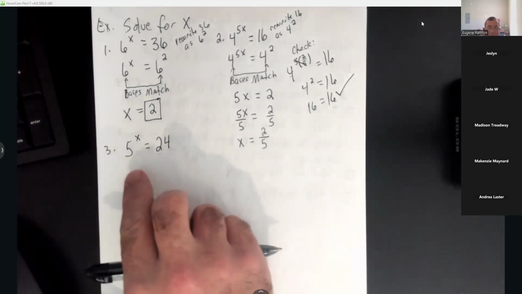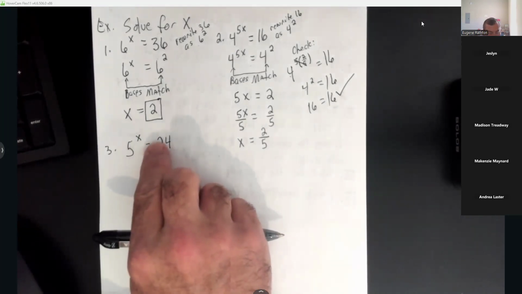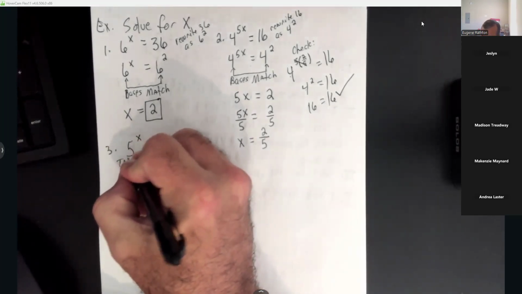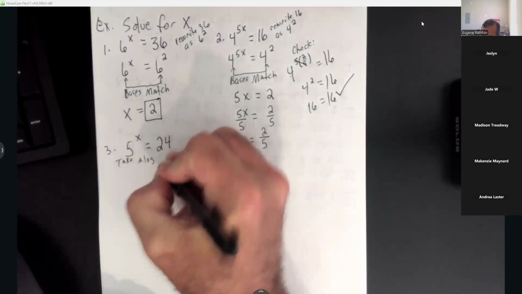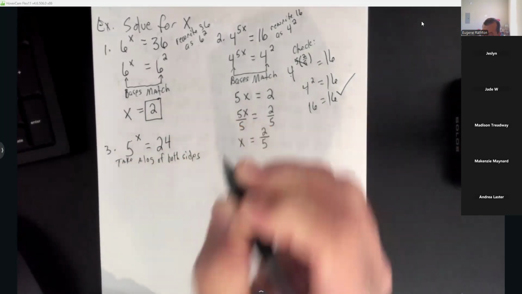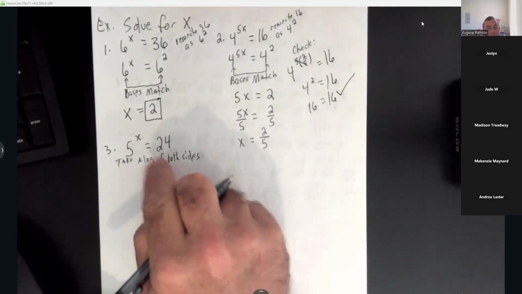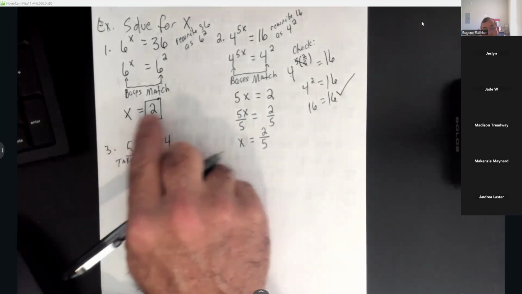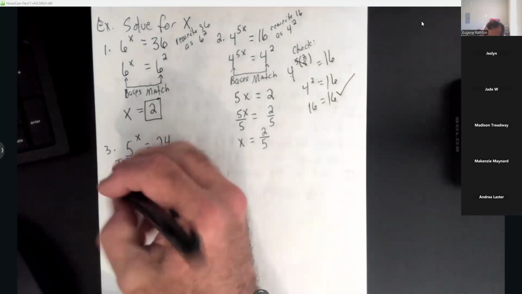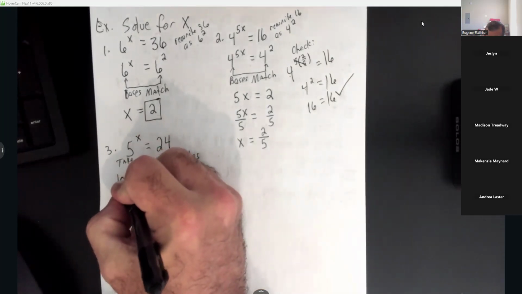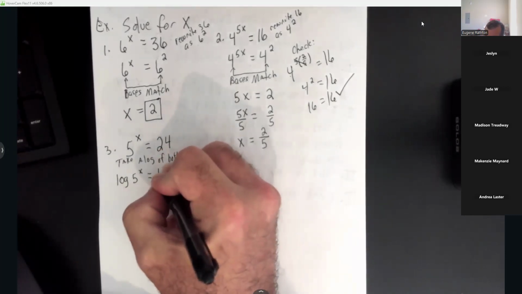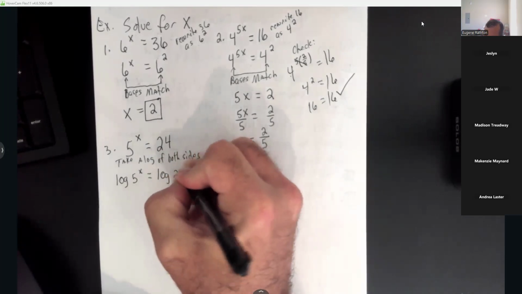So remember, I said if we couldn't rewrite them, then we got to take a log of both sides. So I'm going to take a log of both sides. Remember, you always got to do what you do to one side of an equation, you automatically do to the other side. So we're going to do a log of 5 to the x equals a log of 24.